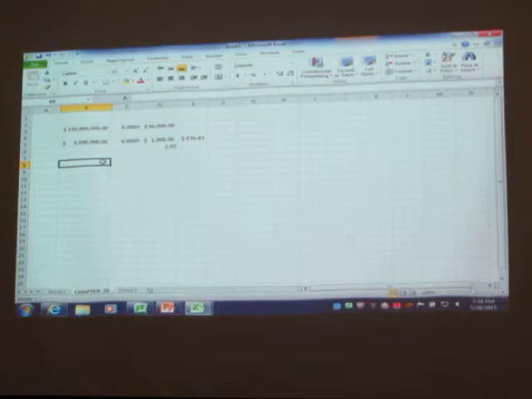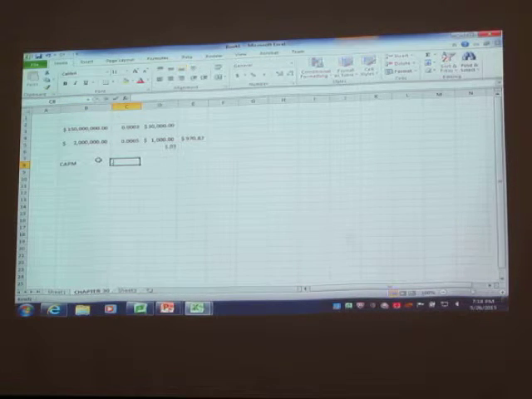So, for the CAPM, my risk-free rate is 3%. What's my beta? Negative 3. And then I've got my market return, which was 8%, minus the risk-free rate.